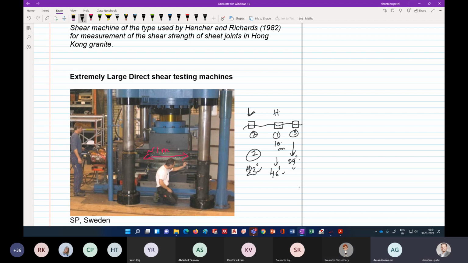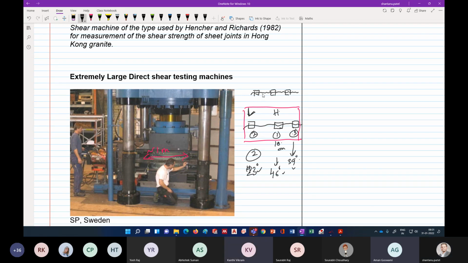Yeah, so this is why we do the bigger one, if the project is important. But if the joint is very uniform in all the places, so either you take it here, here, or here, it's the same thing, right?